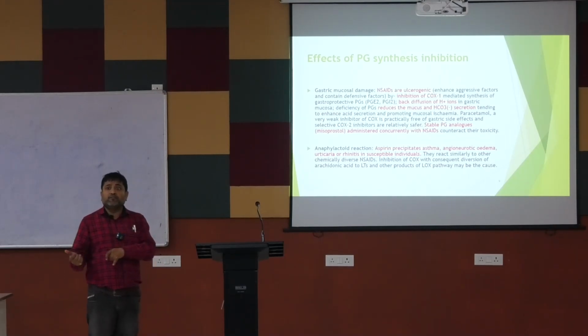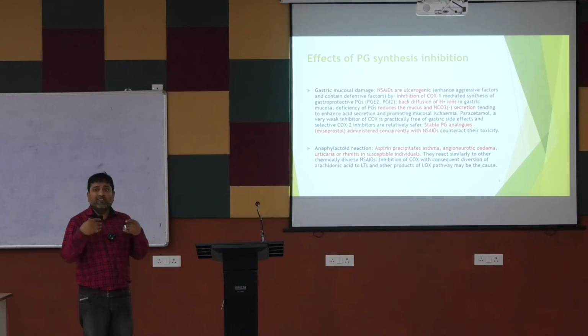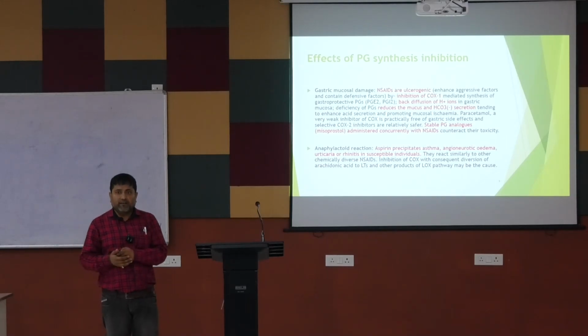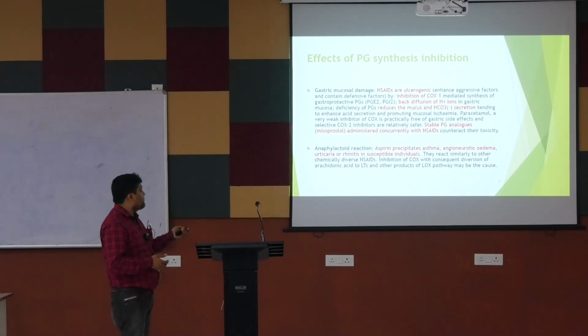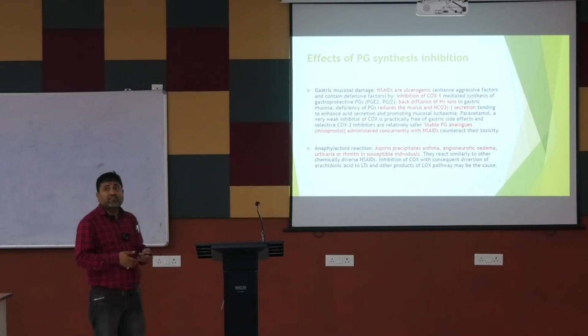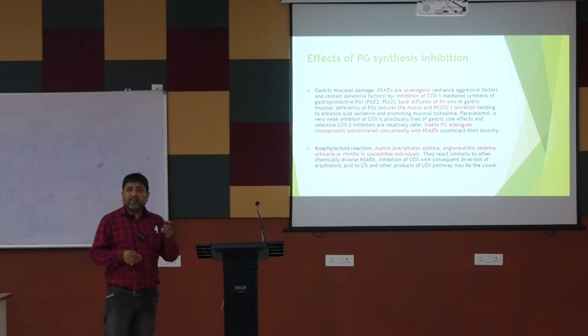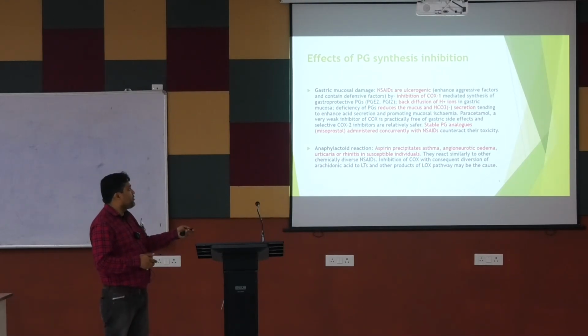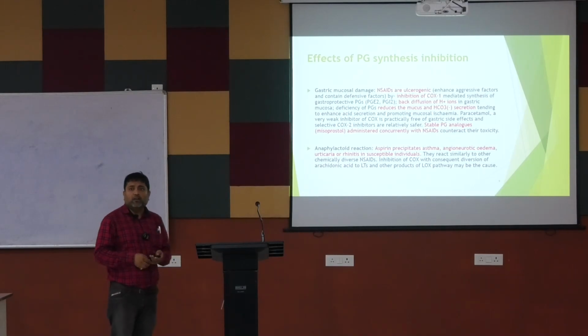That again exposes the gastric mucosal cell to more acid, and they also cause back diffusion of H plus ions in the gastric mucosal cell. So these are the mechanisms by which NSAIDs cause gastric ulcer, and for the patient having gastric ulcer due to NSAID, the drug of choice is misoprostol, that is a stable prostaglandin analog.